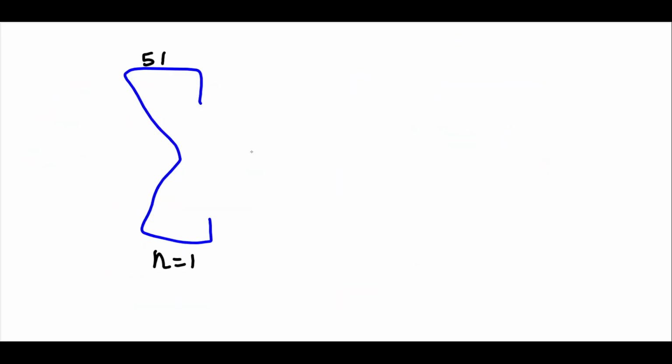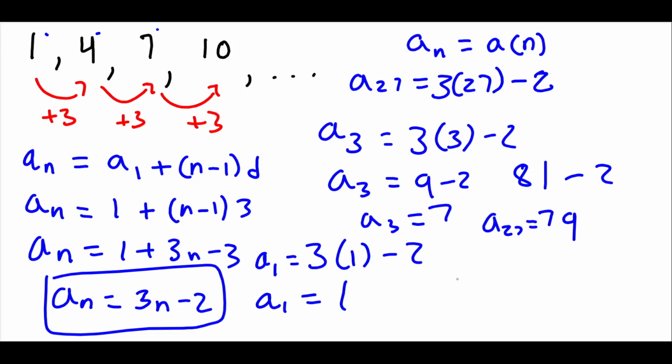If we put that sequence here, we need to find the sum of all terms from 1 to 51. For example, 1 plus 4 plus 7 plus 10 all the way to 51. We want to find the sum of that.